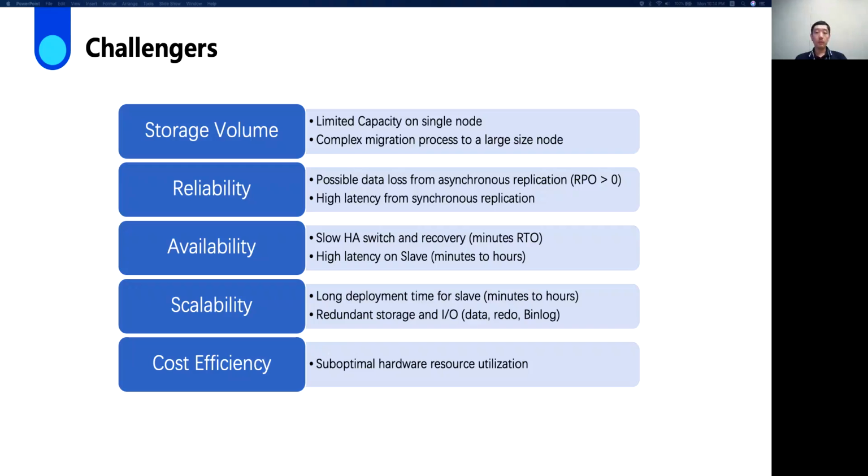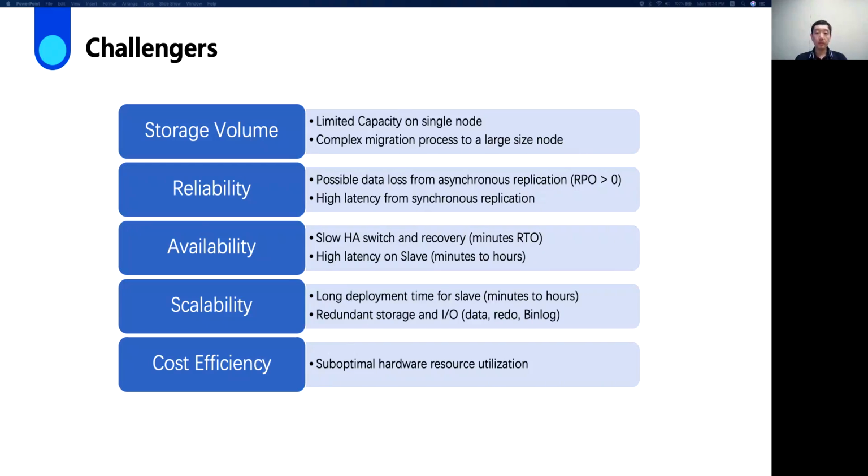Also, it incurs redundant storage consumption, which is not necessary and to some extent a kind of waste. So let's do the math. For a database with 1 terabyte of data, a cluster with 1 master and 3 slave nodes will occupy about 4 terabytes of storage space.